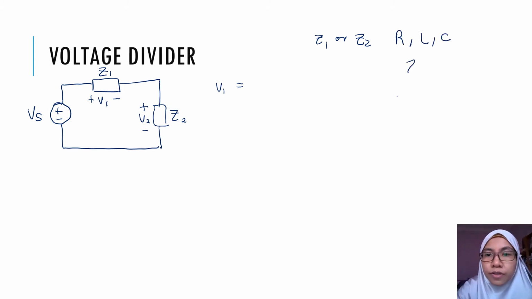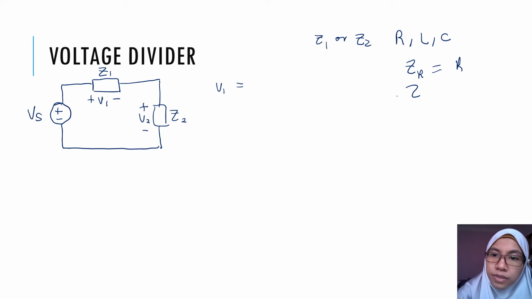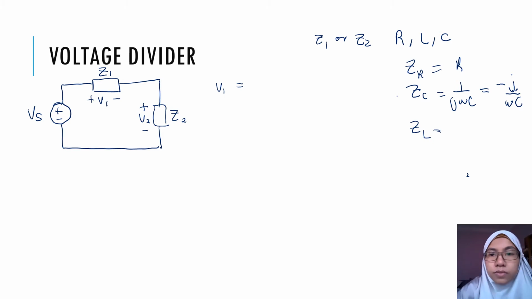The impedance of R is equal to R. Impedance of C, or capacitor, is equal to 1 over j omega C, or the easiest way, negative j over omega C. And impedance for an inductor is equal to j omega L. All of these are in ohms.